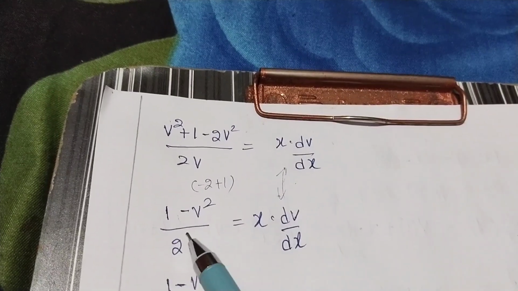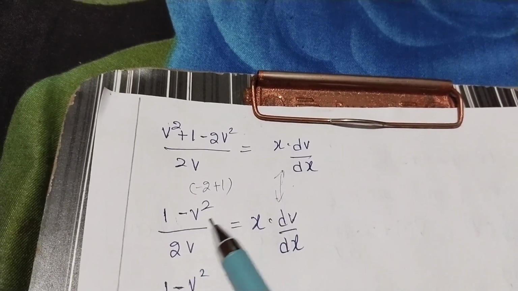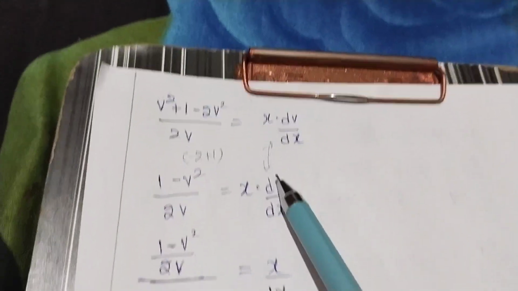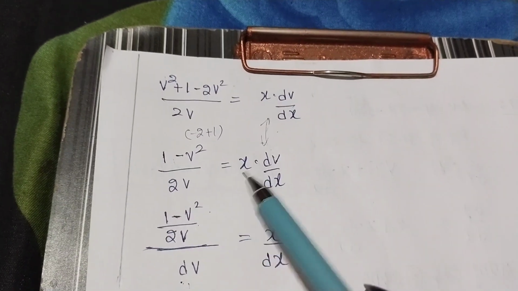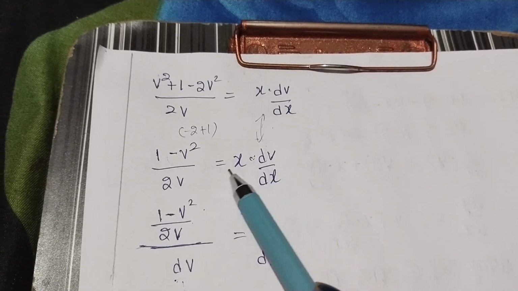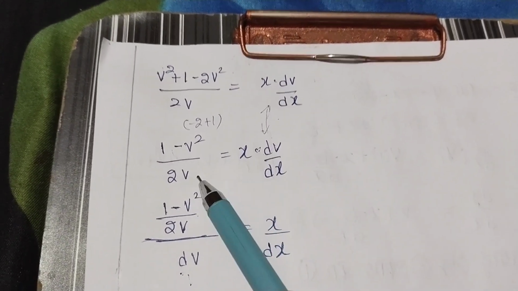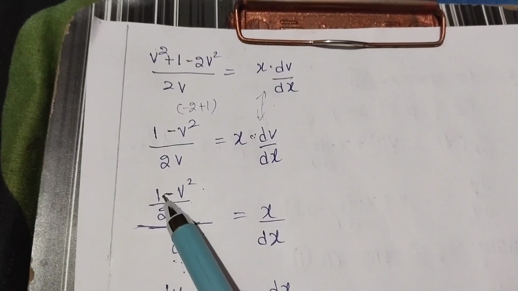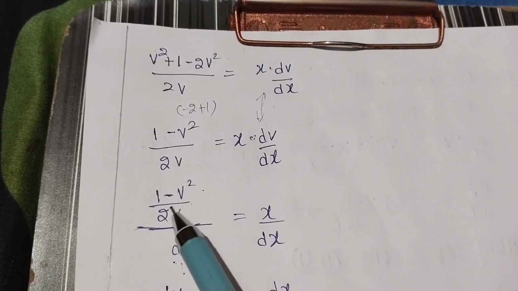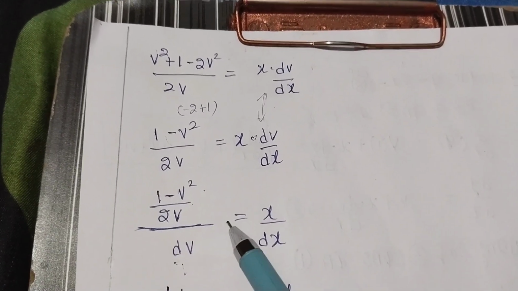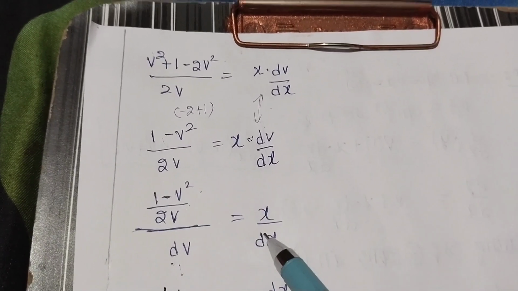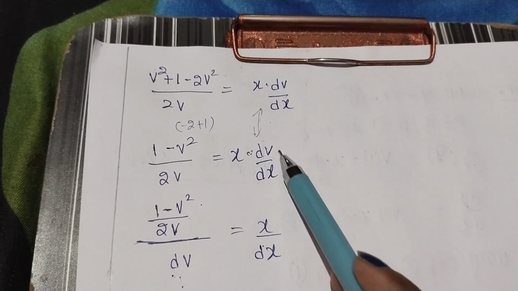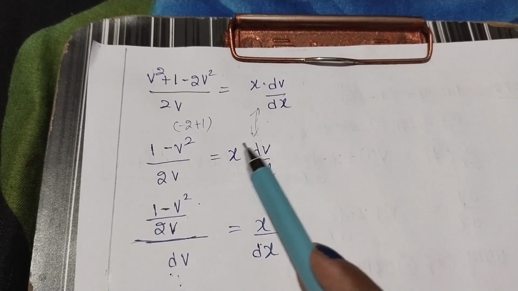So now the v term is actually here, so let's send this here. When we cross multiply, it goes down, so the whole (1 minus v square) divided by 2v is again divided by dv, that equals x divided by dx, as this is the term which is the whole numerator.